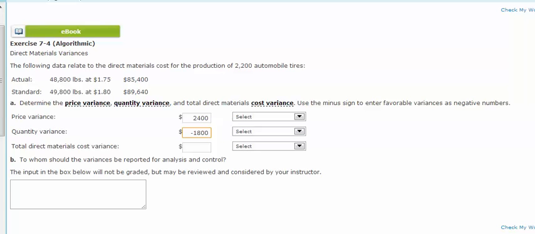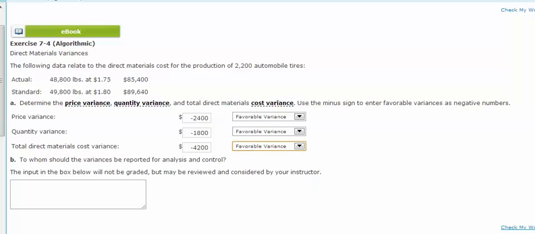So I'm going to put a negative sign here. And that's favorable. And this one is also favorable. Our total variance then would be these two together, which is 24 plus 18. That's, what, 4,200? We'll put a minus sign. And of course that's going to be favorable.